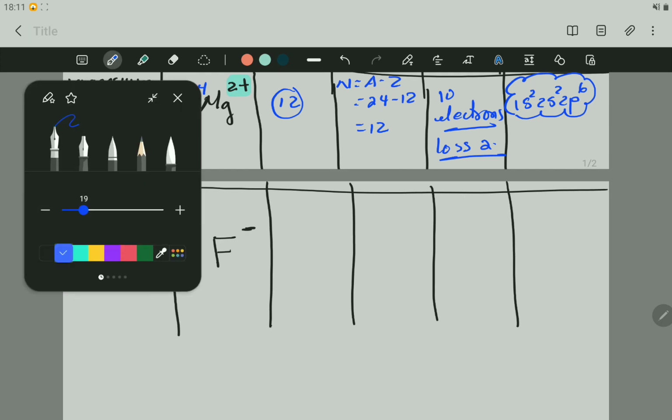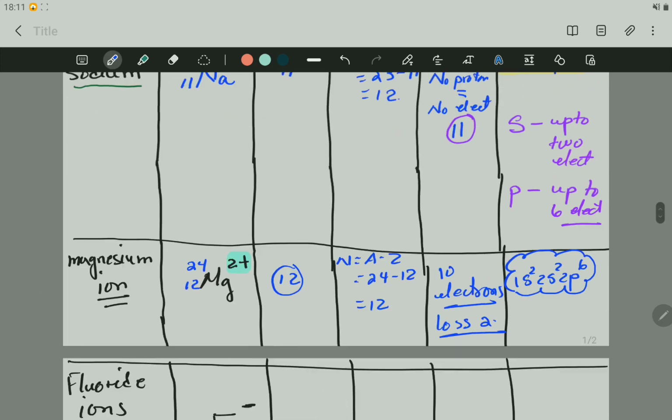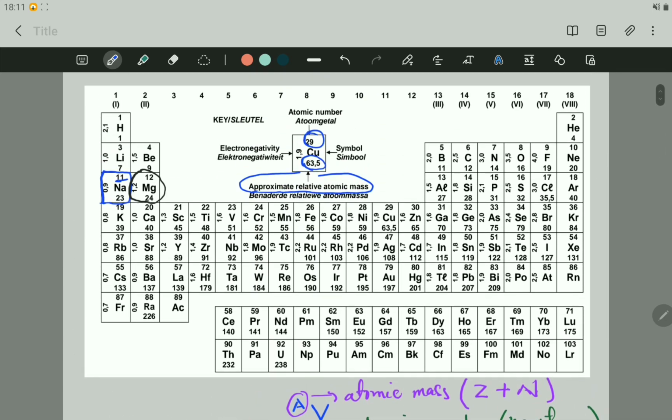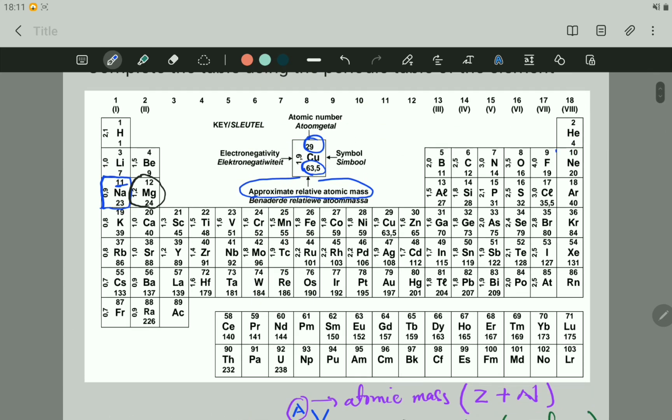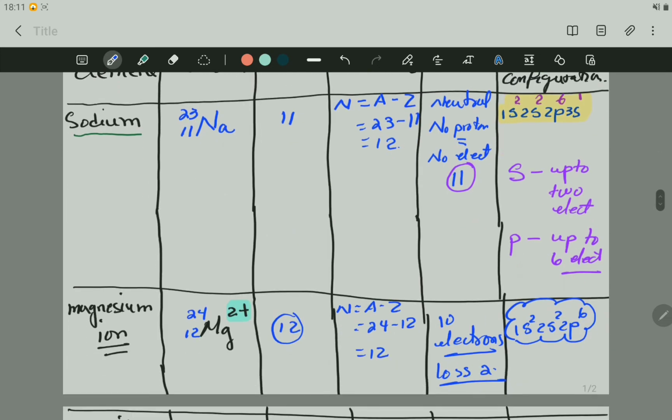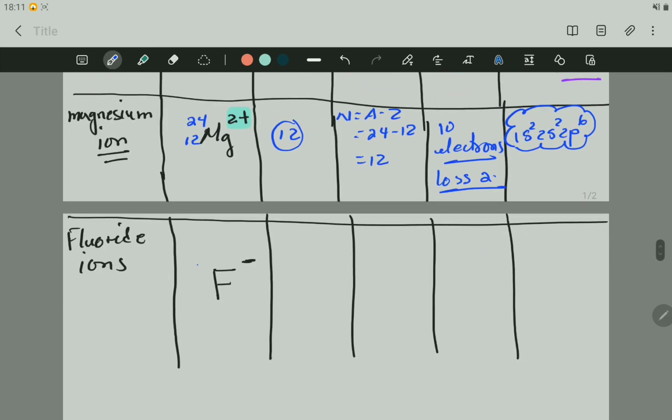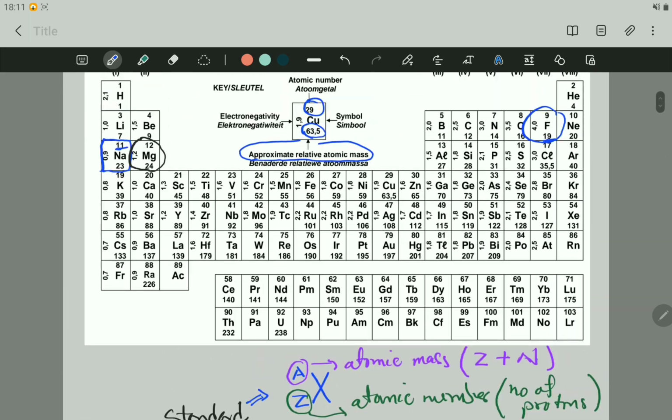Let's go to the periodic table to find out some information there. F is here. Alright, so what is the atomic mass? The atomic mass is 19, and that is the number on top. 19. What is the atomic number for fluoride?